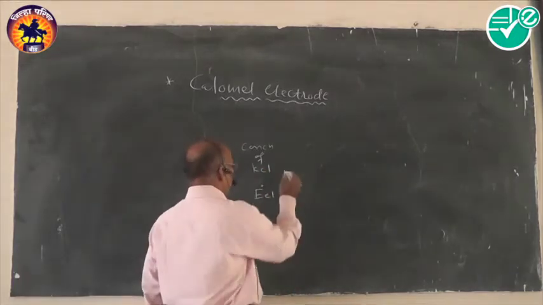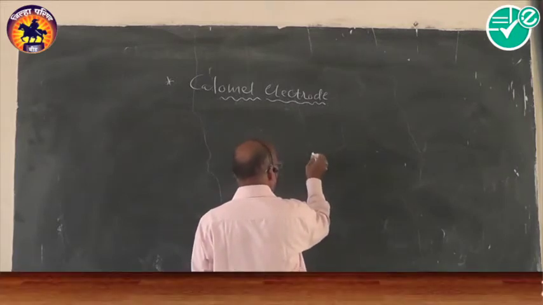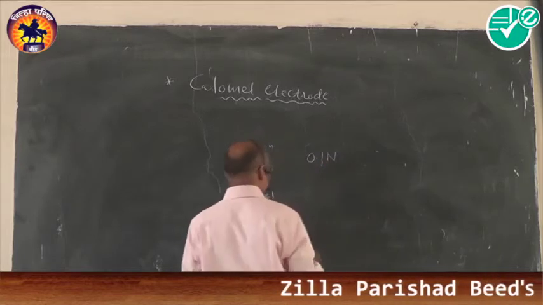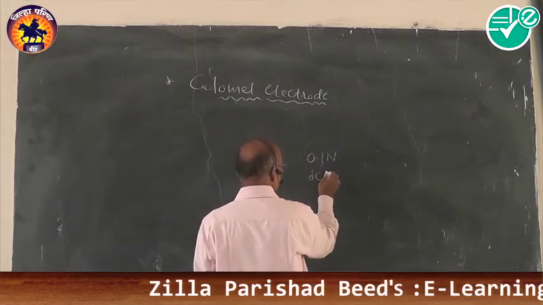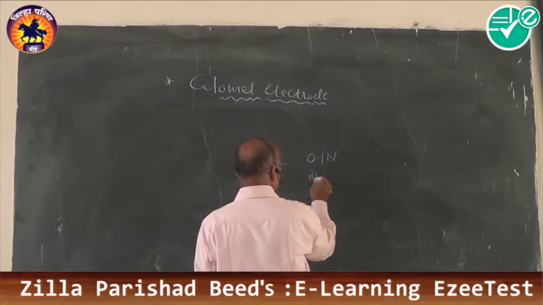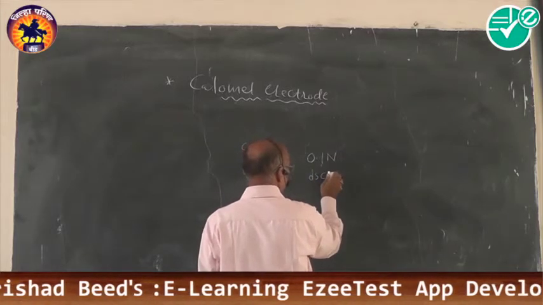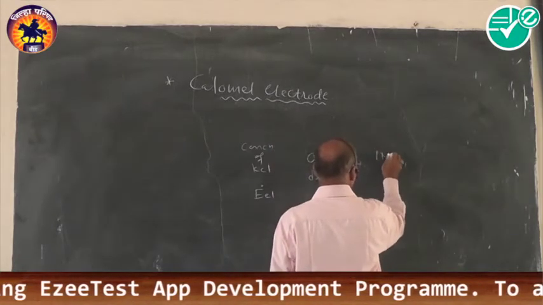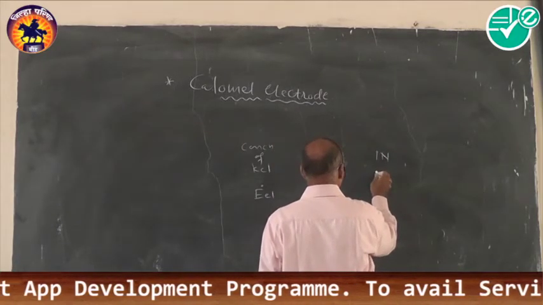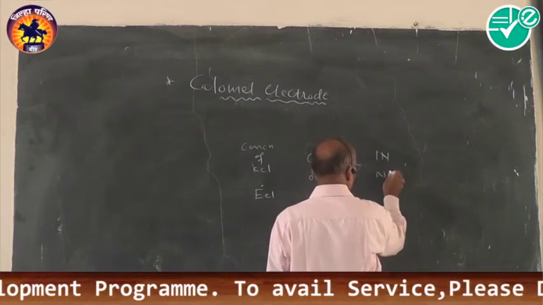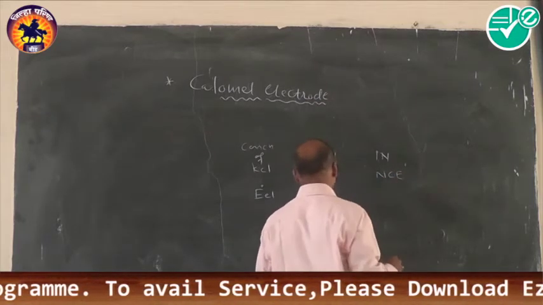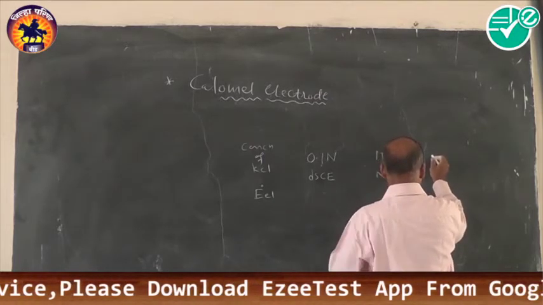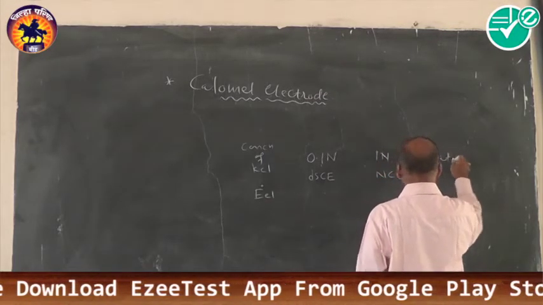How does it vary? Particularly the first one is 0.1 normal, the second one is 1 normal, and the third one is saturated.